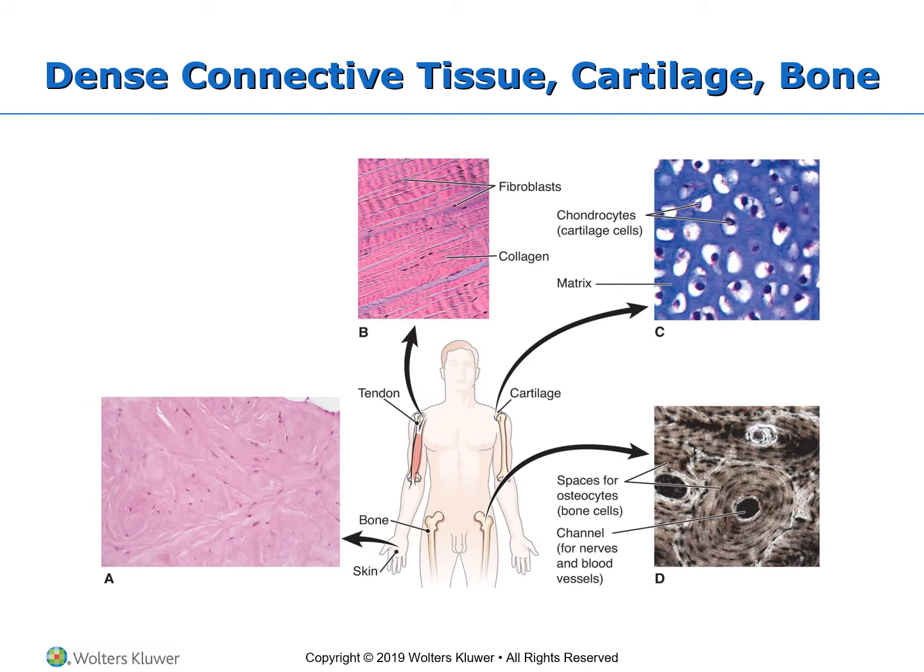Before I'm moving forward, just to mention, if for the cartilage we had the chondrocytes as the cartilage cells, for the bone we'll have the osteocytes, or the bone cells. We have also in the bone another type of cell that is called an osteoblast.